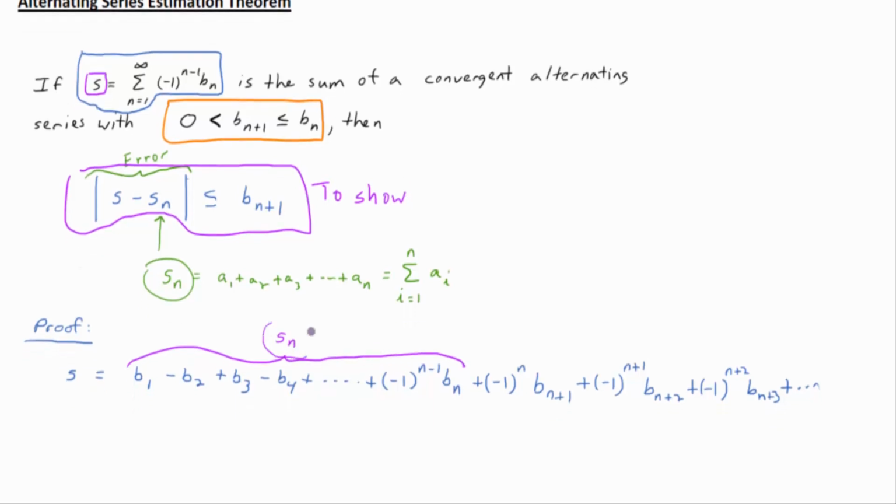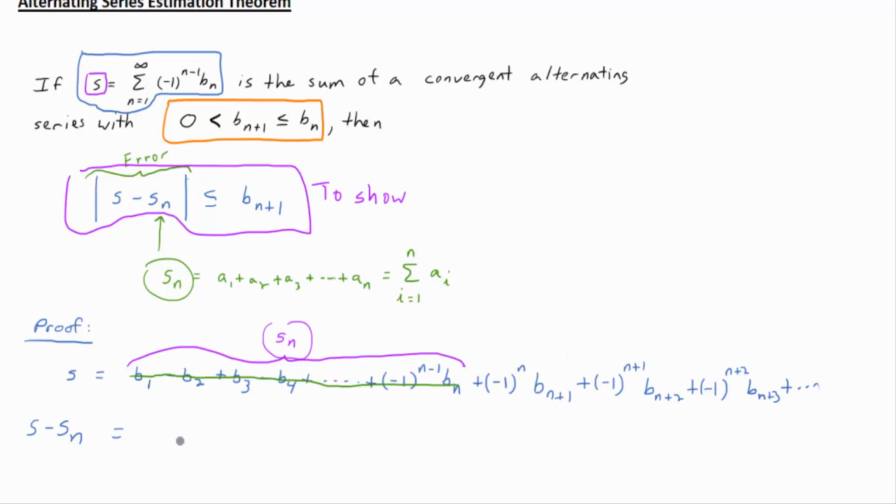Then on the left-hand side, I get part of what I'm interested in, S minus Sn. And then this whole part is gone because I subtracted it out. Which leaves me with the rest of it, which is what I would call the tail of the series. S minus Sn equals the tail of the series.